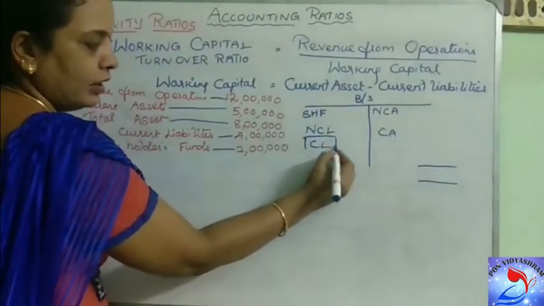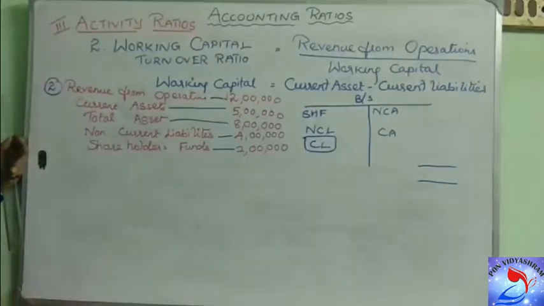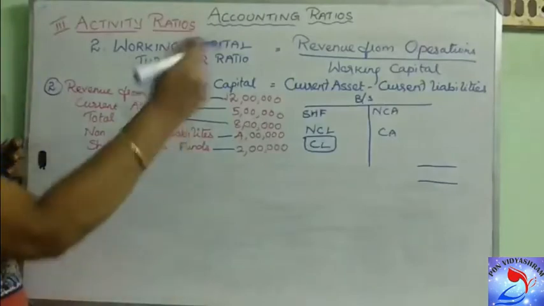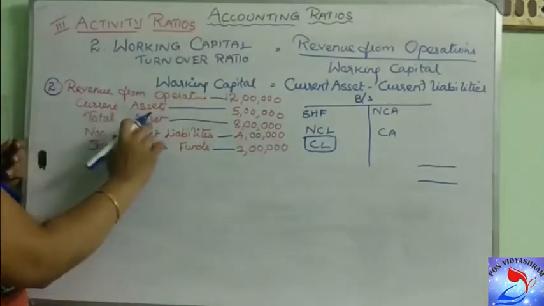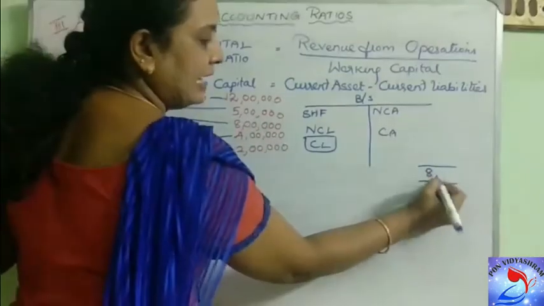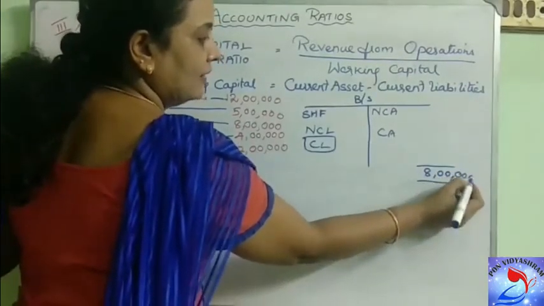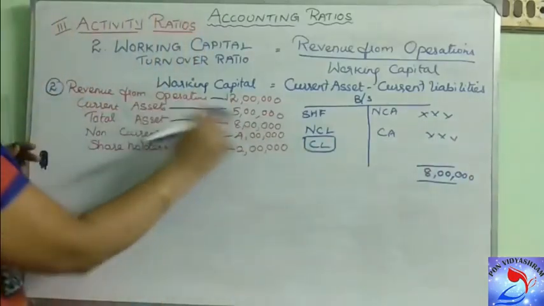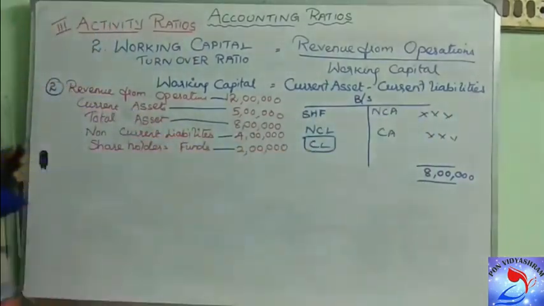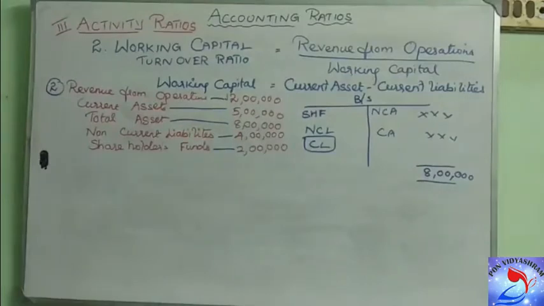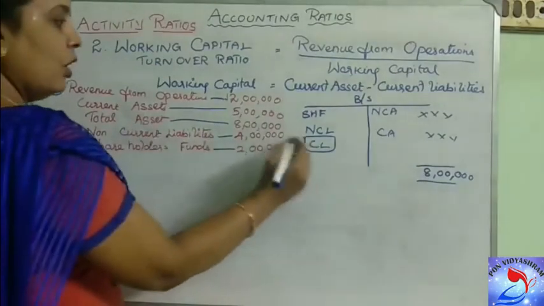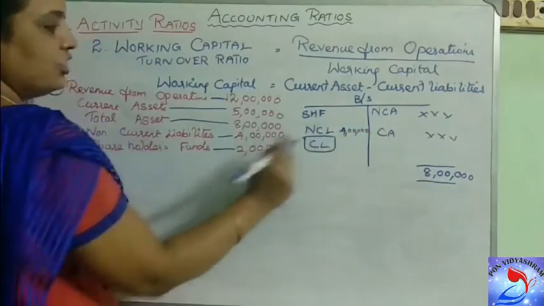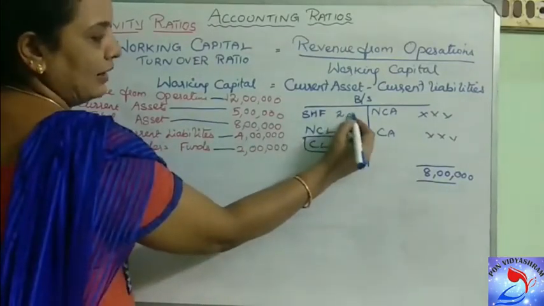I need to find out this part, that is current liability. Here current asset is there, non-current asset is there. I don't want non-current asset. They have given you total asset as 8 lakh, that is non-current asset plus current asset is 8 lakh. Current asset is 5 lakh, so non-current asset should obviously be 3 lakh. Now they have given you non-current liability as 4 lakh and shareholders fund as 2 lakh.